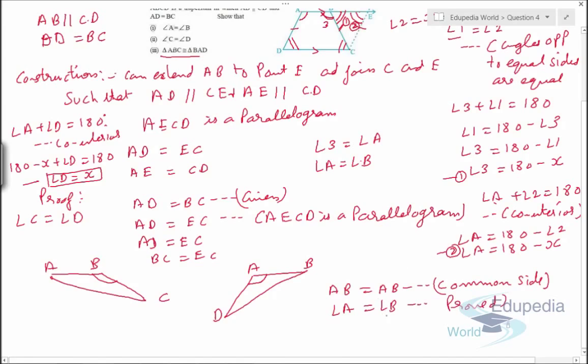And it's also given AD equals BC. So we can say that triangle ABC is congruent to triangle BAD by SAS. So this is how we can prove these types of questions.